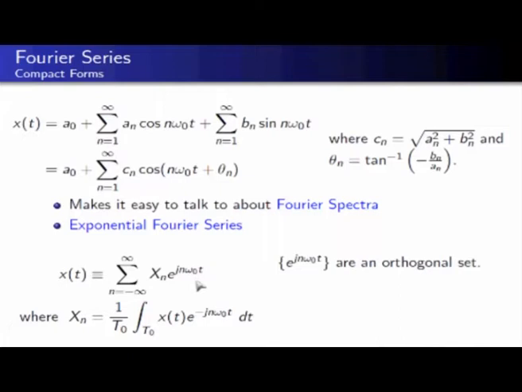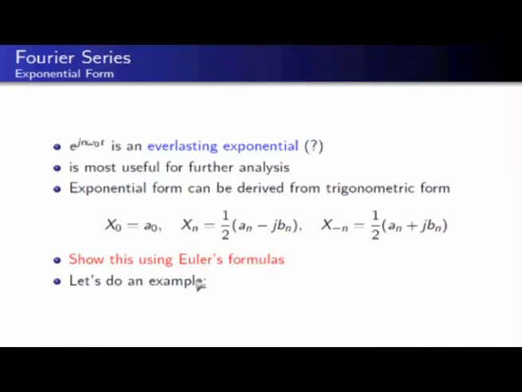This forms a very interesting set of functions for us, given that we had defined eigenfunctions of LTI systems in a certain way. That is the reason why I quickly went from sine and cosine to e to the power of j n omega naught t. And you can use Euler's relationship to go from one to the other. If you have the trigonometric relationship, from there you can generate the complex exponential relationship, and I'll skip all this.